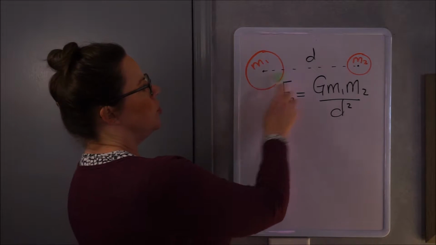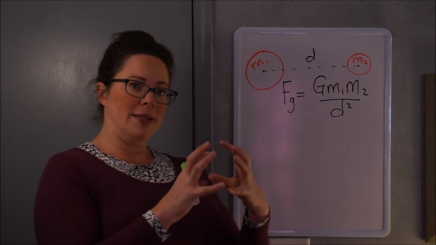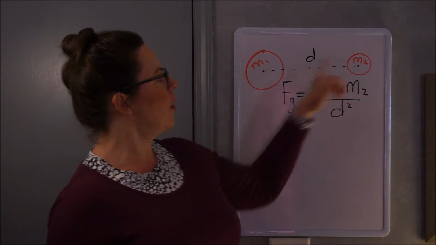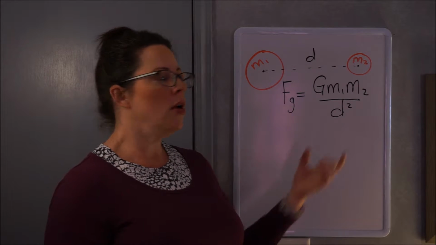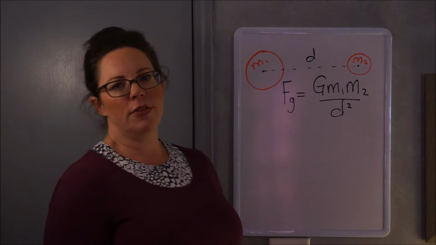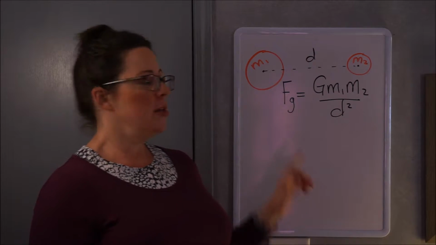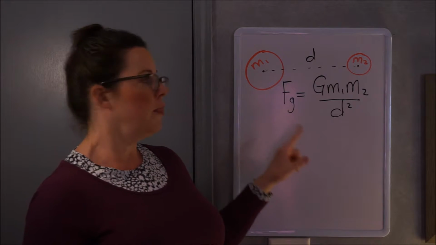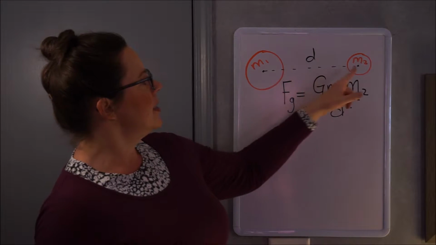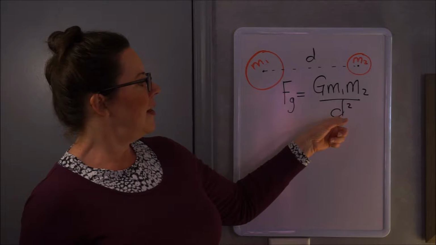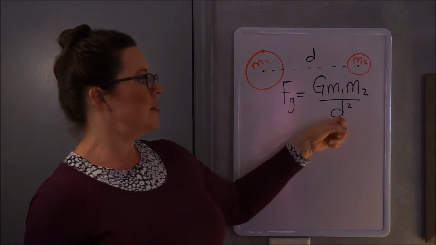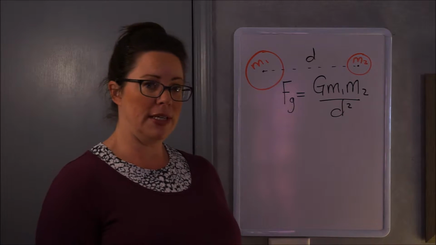So if we have 2 spherical masses, and we measure how far apart those are from their centers, and we multiply their masses together, we'll find that the product of those masses is directly proportional to the force they exert on each other. And then if we measure the distance from center to center of the 2 masses, we'll find out that the force is inversely proportional to the square of the distance.